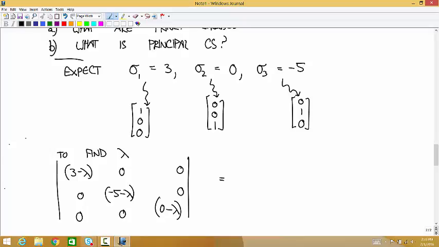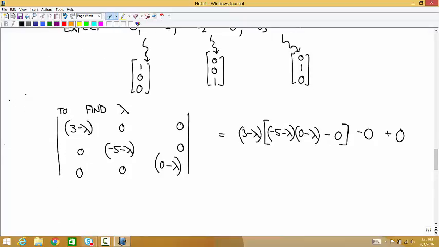Okay, so the determinant of this is 3 minus lambda times the quantity negative 5 minus lambda times 0 minus lambda, and then minus 0. Then you got minus 0 and plus 0. And this has to be equal to 0.